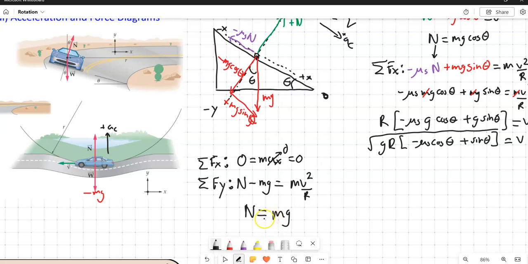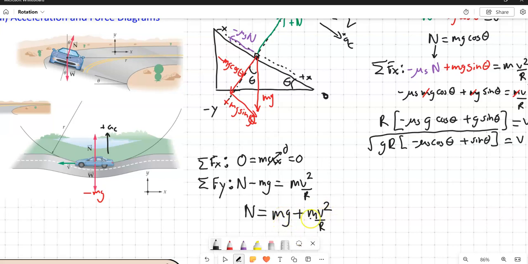So the normal force, when you add mg onto both sides, is not just holding up you, but it's also got to hold up your rate of turning, or your centripetal acceleration. So when you go through a dip in the ground, the road actually has to hold up a lot more than just the weight of your car.